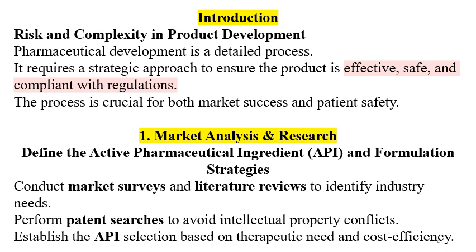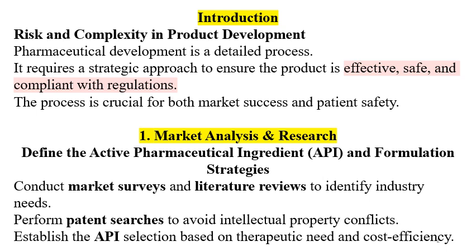Pharmaceutical development for the product is a detailed process, and it requires some strategic approaches and some roadmaps or some milestones to achieve and ensure the product is safe and effective, and also it complies with the regulatory requirements and the regulatory compliance.